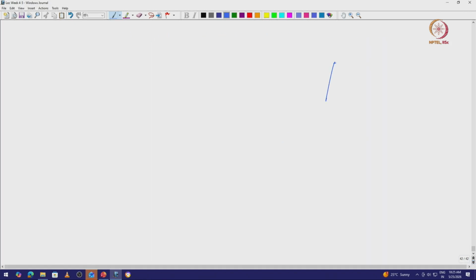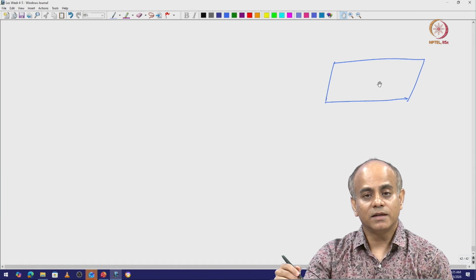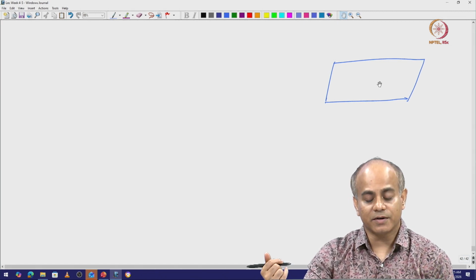So something like this, the material, if you look at the upside and downside, they are not necessarily the same. So this material by definition breaks the inversion symmetry.